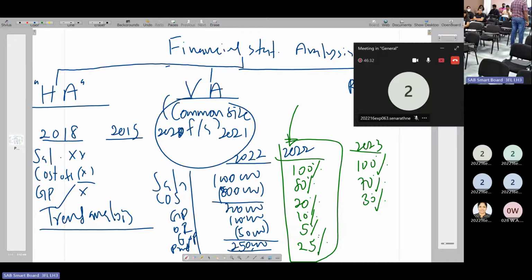I think I have discussed that. Earnings management can be a positive concept or a negative concept. Earnings management, positive or negative?